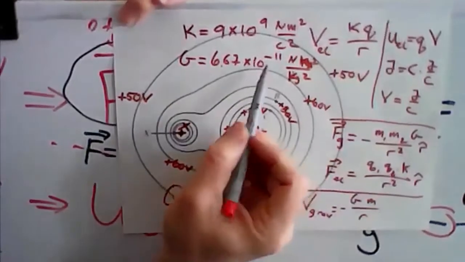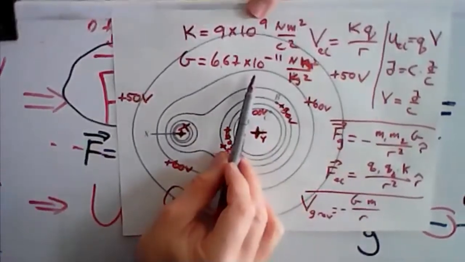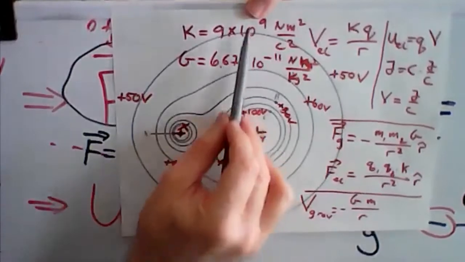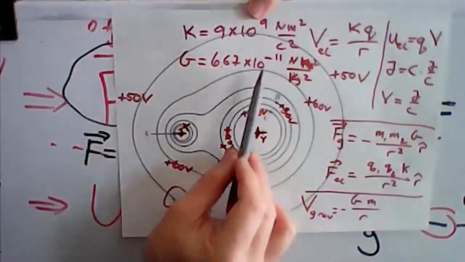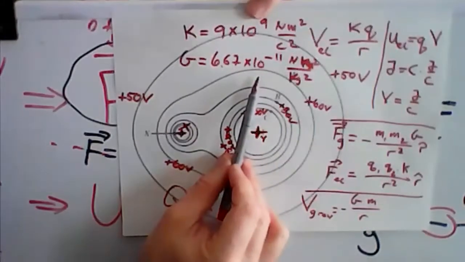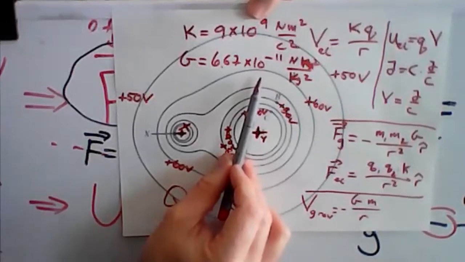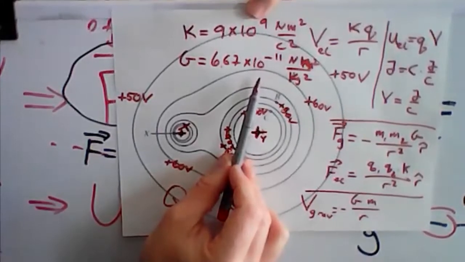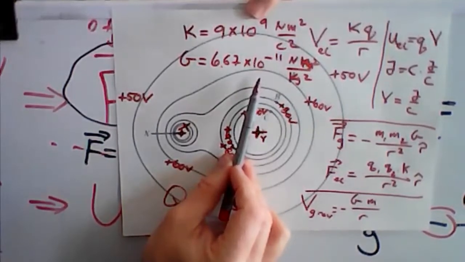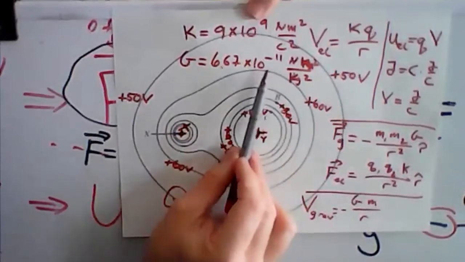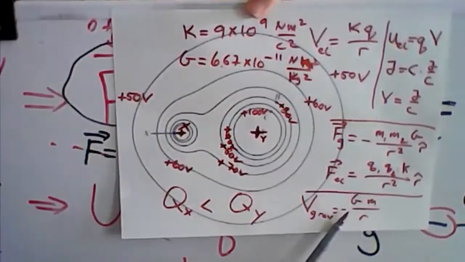So for the equivalent charge values compared to gravitational mass values, it'd be a factor of 10 to the 20. So 1 kilo of mass compared to 1 coulomb of charge would have a factor of 10 to the 20 less gravitational potential, because that constant is in the equation.